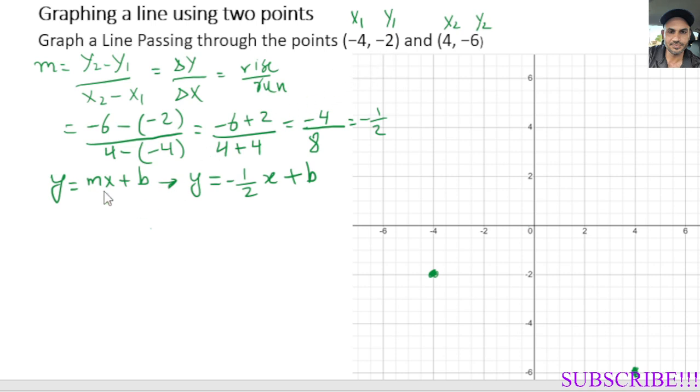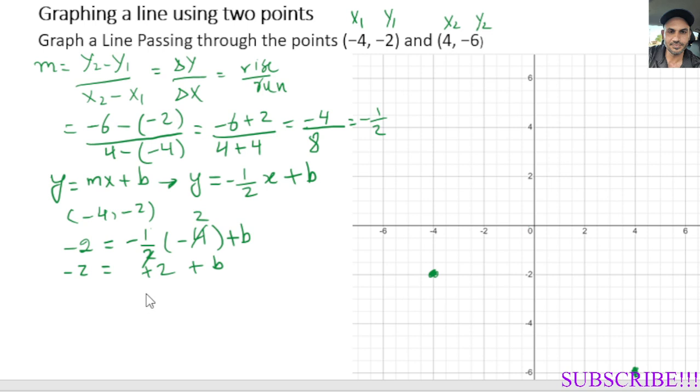So we can take the first point, -4 comma -2, and plug into this equation. So -2 goes for y, -1/2, and for x we put in -4, plus b. Okay, so this is -2, and simplify this, 2 cancels out this 4, and you're left with 2 on top, and -1 times -2 becomes +2 plus b.